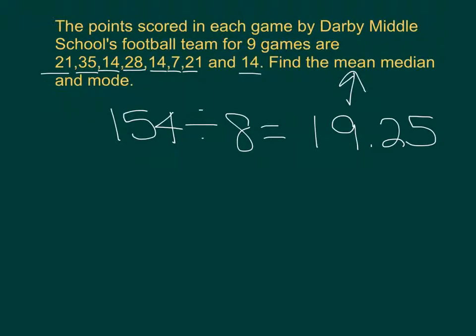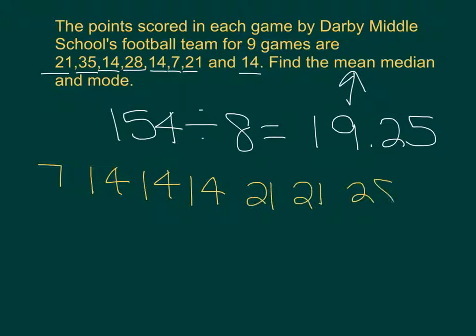Now to find the median, you want to order those numbers from least to greatest. So we have 7, 14, 14, 14, 21, 21, 28, and 35. So now we can start crossing out to get the middle. 1 from the beginning, 1 from the end, 1 from the beginning, 1 from the end, 1 from the beginning, 1 from the end, and now you are left with 2 numbers.